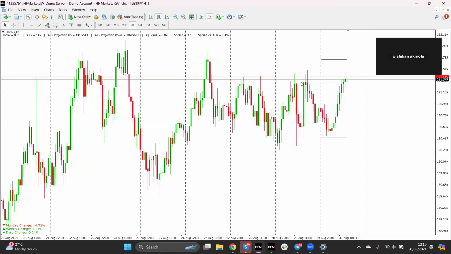Entry into your trade is as important as your analysis itself. You see, making analysis to determine if you're going to be buying or selling is as important as also determining, okay, this is where I am going to enter into my trades. Entering into trades is pivotal when it comes to trading. We don't want to enter into positions anyhow.